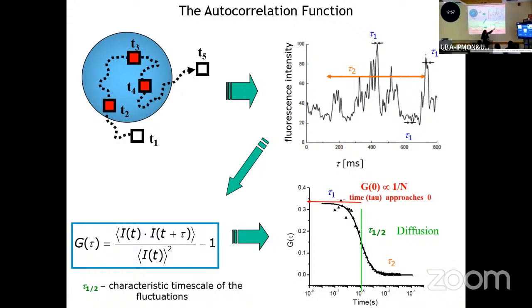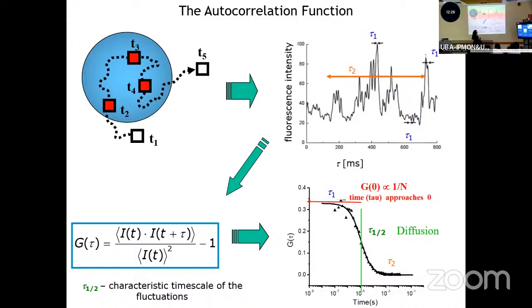And as a function of time, the molecules will be gone. And we have good enough statistics that we generate an average correlation of the diffusion time of the molecule. So we can now take this curve, fit it to an equation, and tau, let's say at 1/2 of this correlation function, we get the time of transit, how long the molecule stayed in that observation volume.